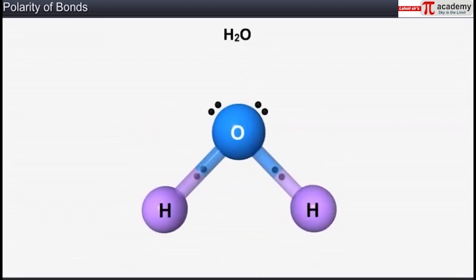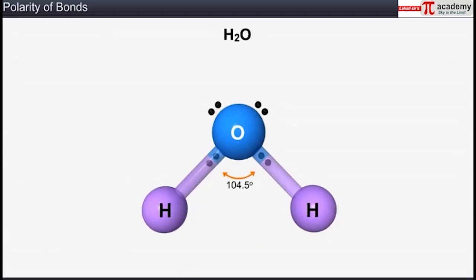Let us take another example, a water molecule. In a water molecule, there are two oxygen-hydrogen bonds. It is angular in shape with a bond angle of 104.5 degrees. Oxygen being more electronegative, the shared electron pair between oxygen and hydrogen lies very close to the oxygen atom.